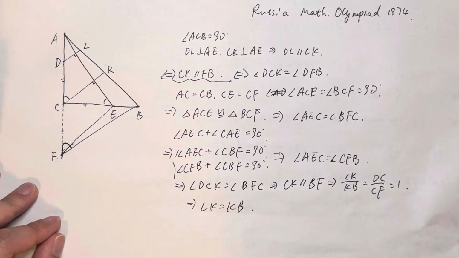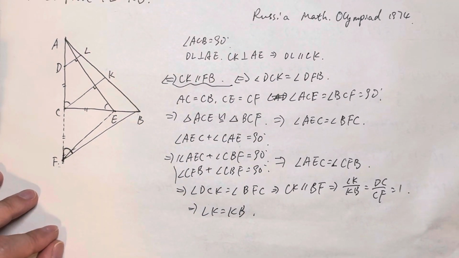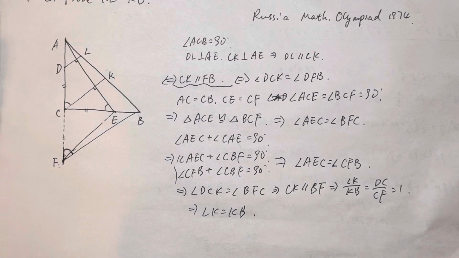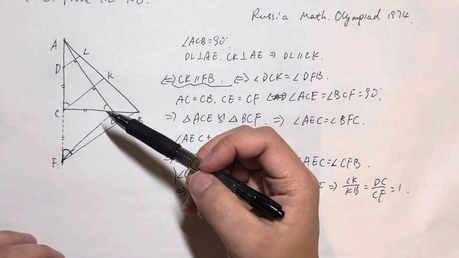Okay, so this was a problem from the Russia Math Olympiad in 1974. So you can see the problem today is much more difficult than this one. But this is still an interesting problem because what we learn from it is how we deal with so many known conditions, right?